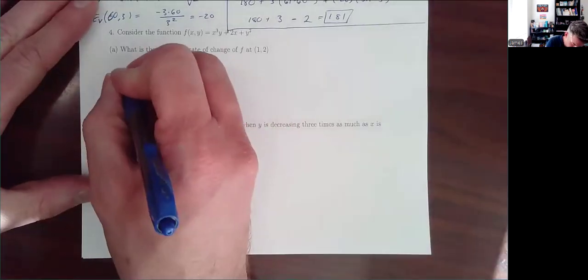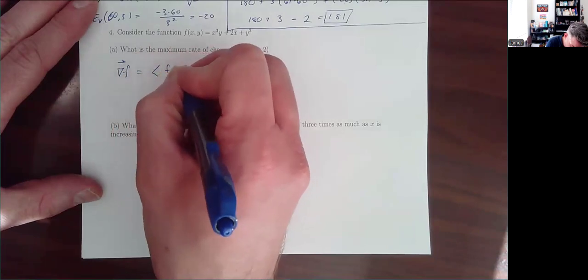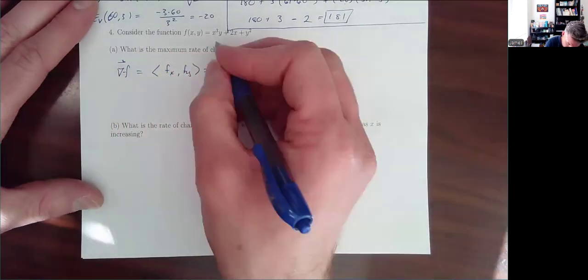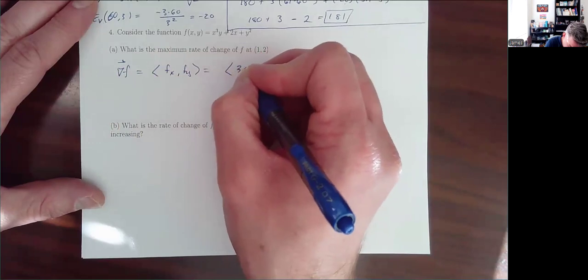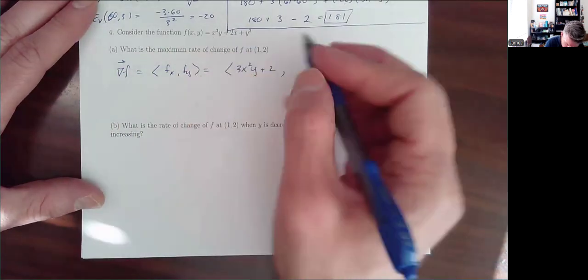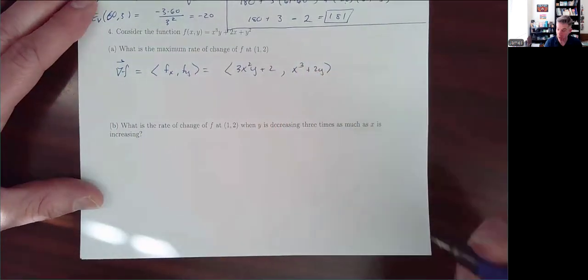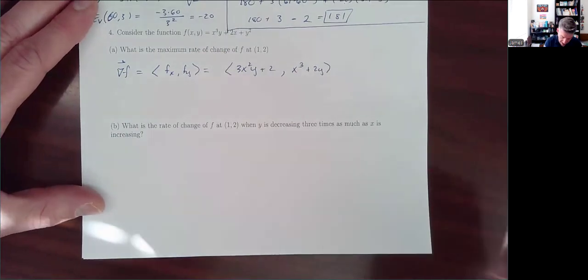So the gradient is just the vector fx comma fy, which is going to be, let's see, the partial derivative to x is going to be 3x squared times y plus 2. The partial derivative to y is going to be x cubed times 1 plus 2y. Then we plug in the point that we're actually finding the gradient at.